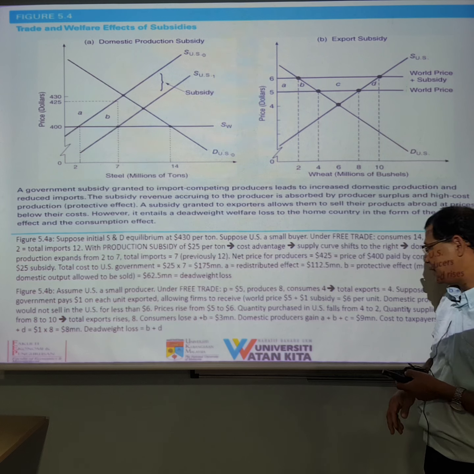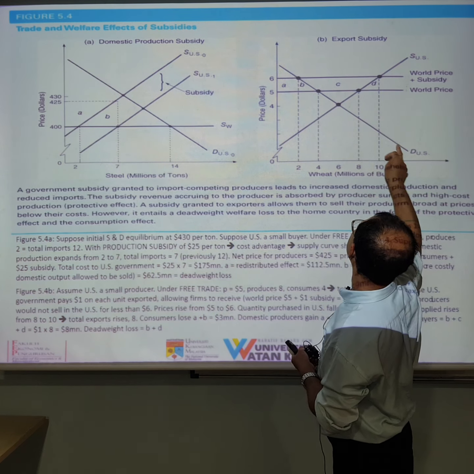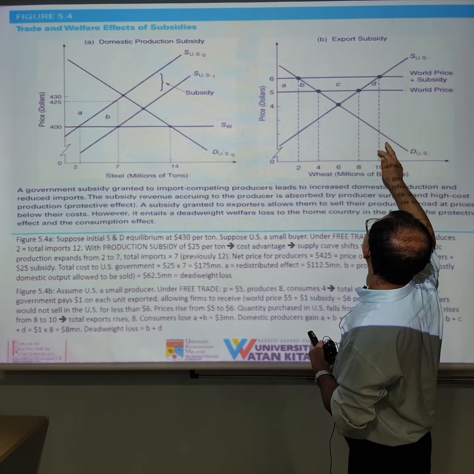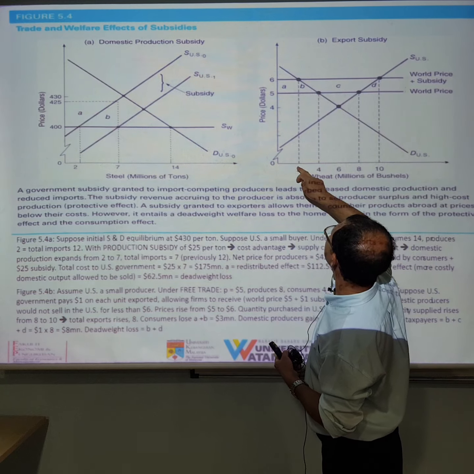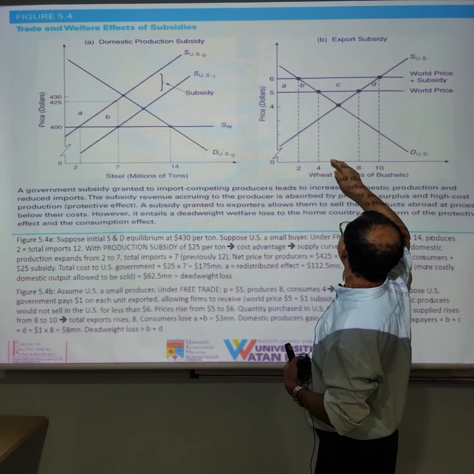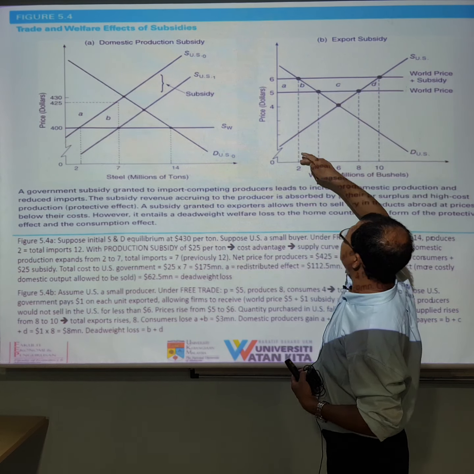So quantity purchased in the United States falls. Demand falls from 4 to 2. Consumption falls from 4 to point B, 2.